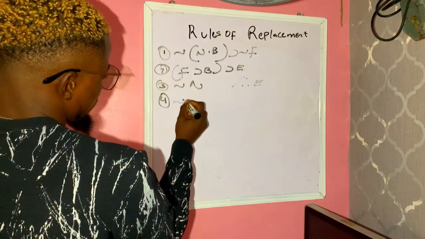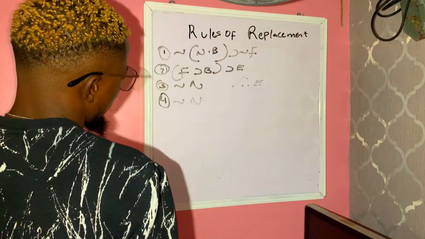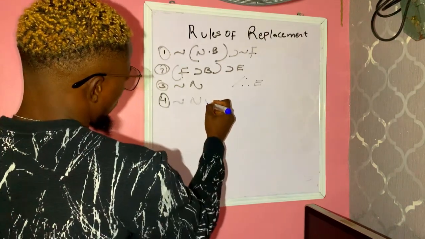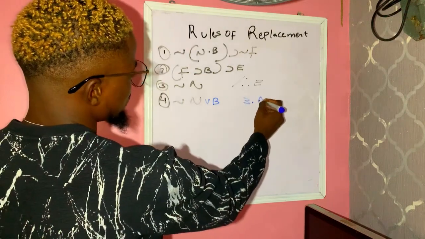So let me say line 4, negation N or negation B. I'll now say 3, addition.